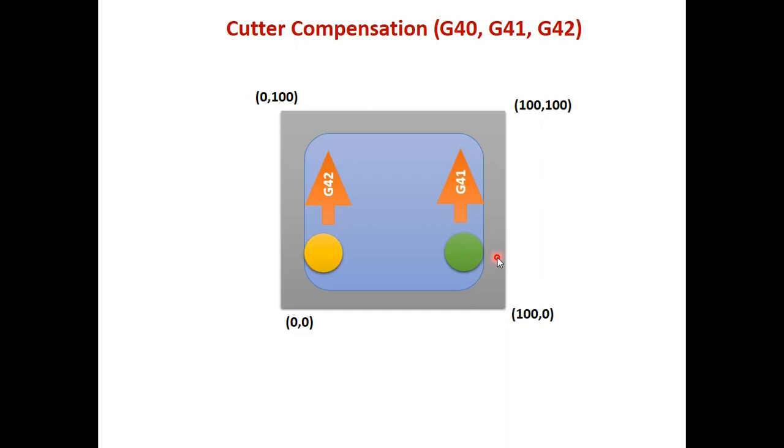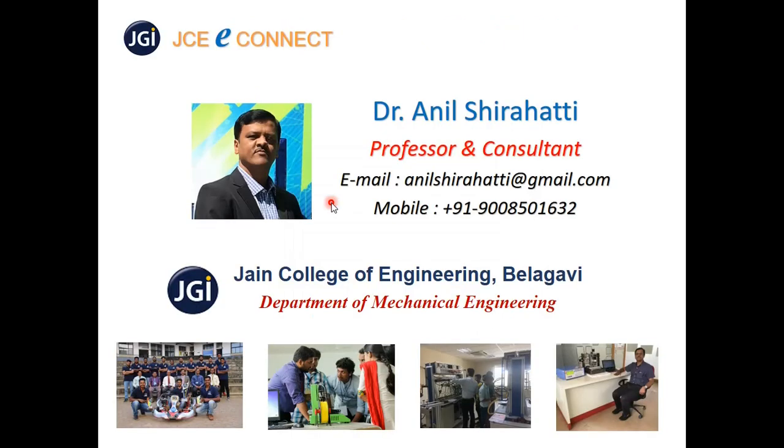If the tool is on the left and the cutting is happening on the right, use G41. If the left side is the workpiece and the right side is the tool, you have to use G42. Okay, I hope you have understood one of the important parameters, the cutter compensation in milling operation. So let's end this session.